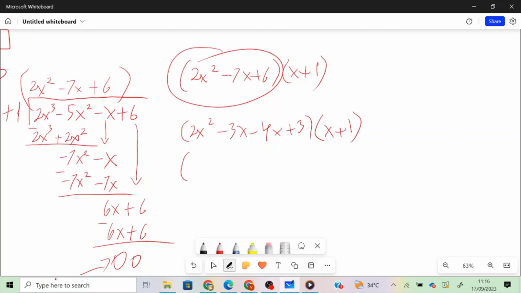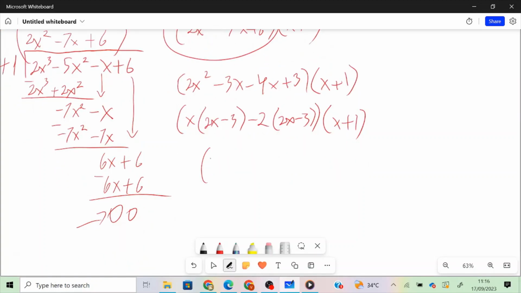We then have x into 2x minus 3 minus 2 into 2x minus 3, all into x plus 1. And factorizing this further, we'll now have x minus 2 into 2x minus 3 into x plus 1.